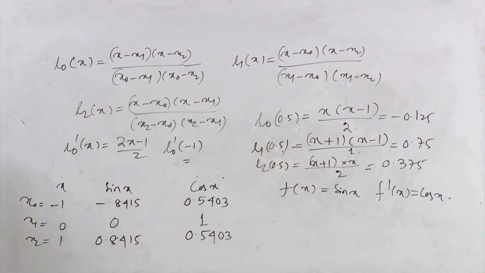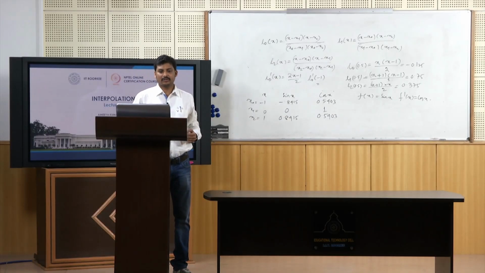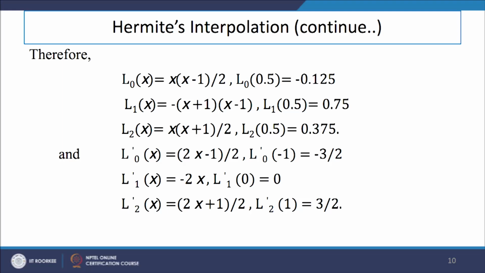Then L1 dash of 0 is 0, and L2 dash of 1 is represented as 3 by 2.